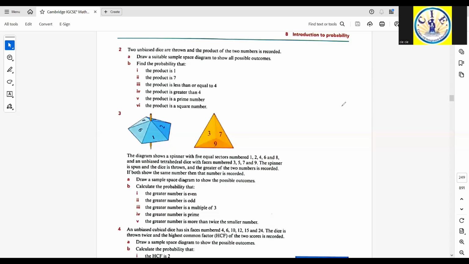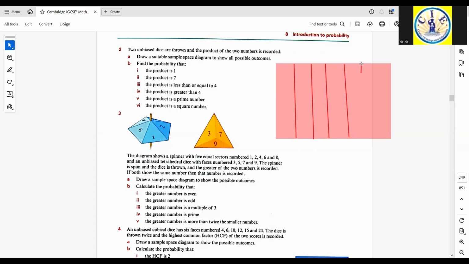let me use this one. And then I draw lines like this one, this one, and then this one.